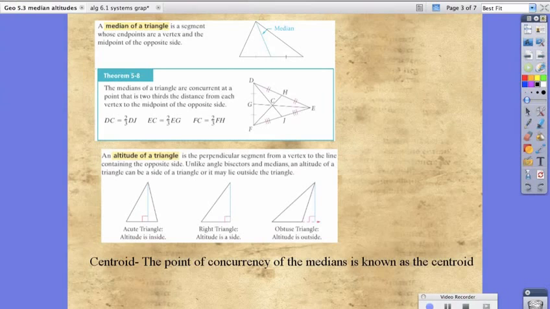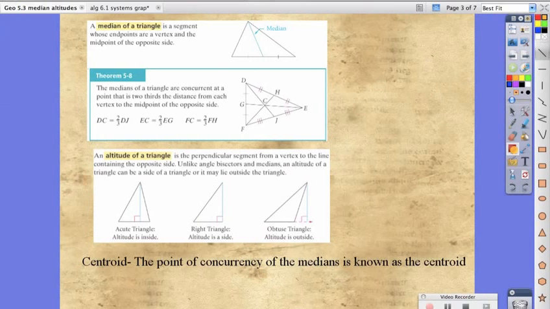The median of a triangle simply states that if you took a triangle and extended a line from the vertex to the opposite side and cut it in half, or essentially bisect it, you created a median. So notice in this instance, I'm creating a line that starts at a vertex and I'm extending it to the other side of the triangle, and I'm cutting it in half. When you do that, that's called a median.